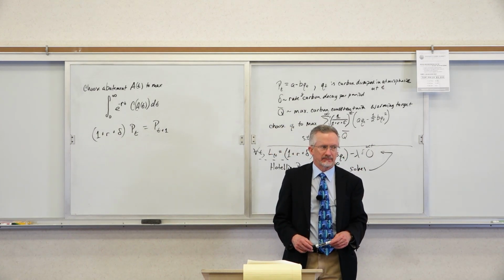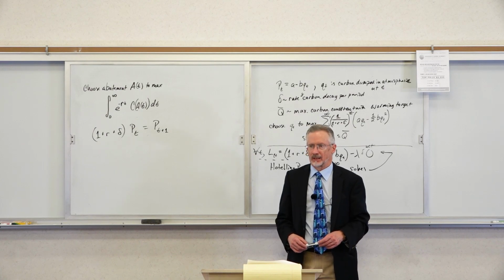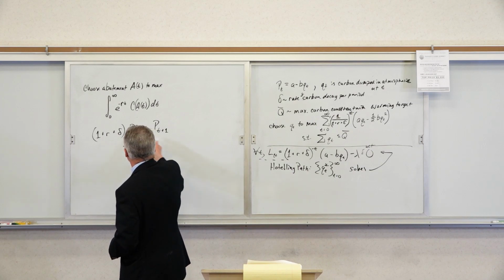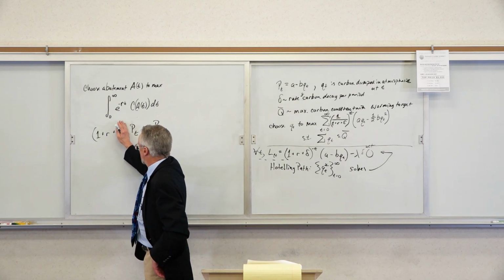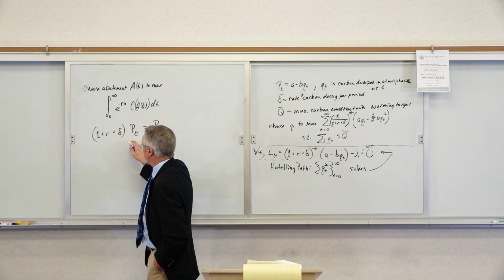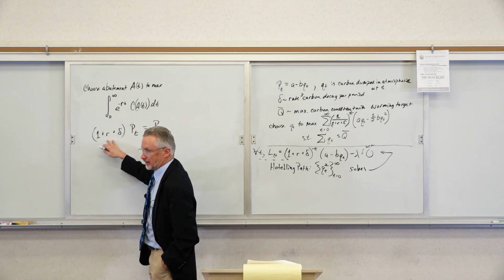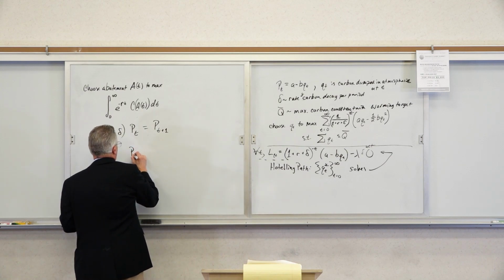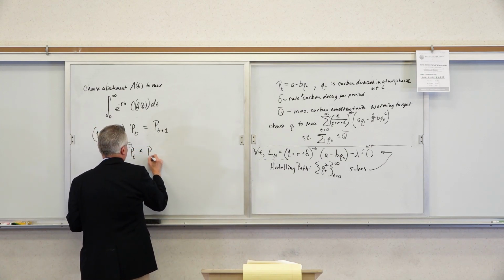Yes? Sorry, you said early something would be produced less than so. Yeah. Which one's bigger, P_t or P_t plus 1? P_t plus 1 is bigger. That's a positive number, right? So P_t is less than P_t plus 1.